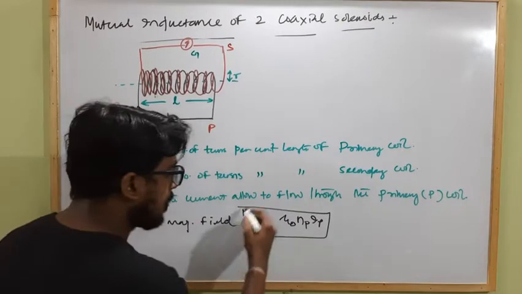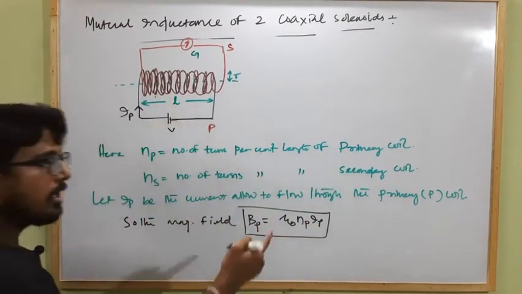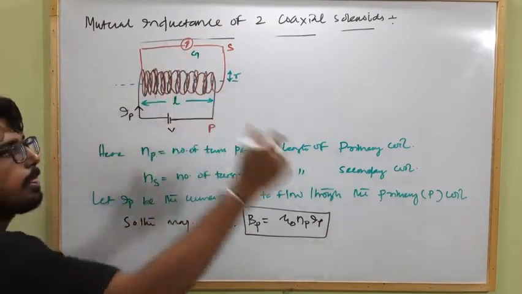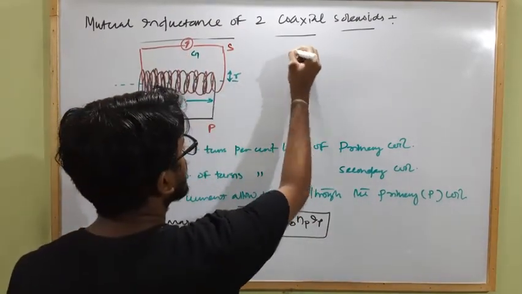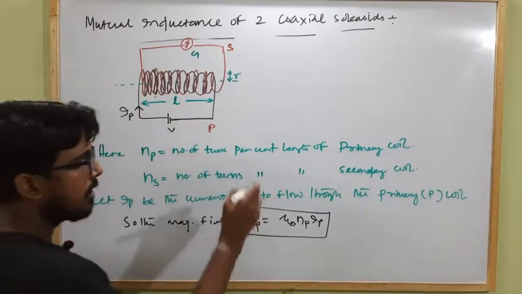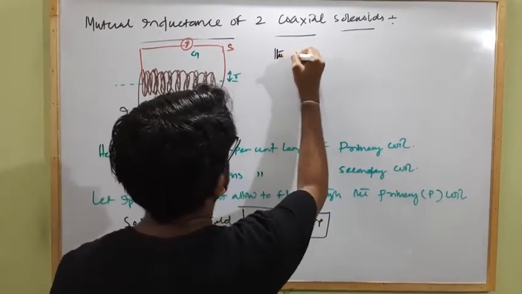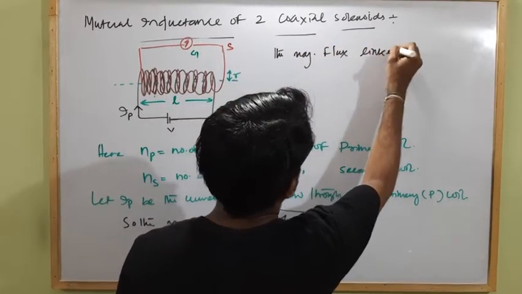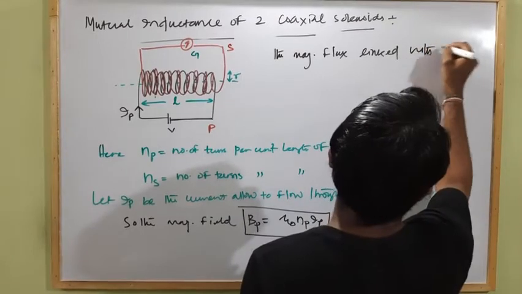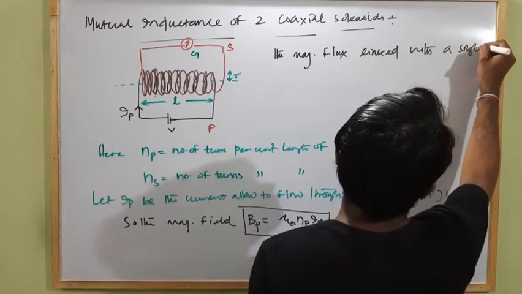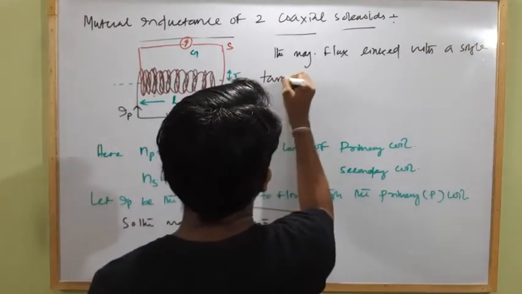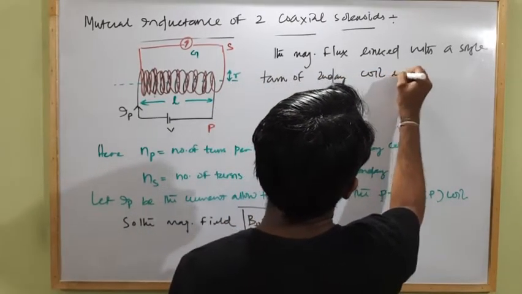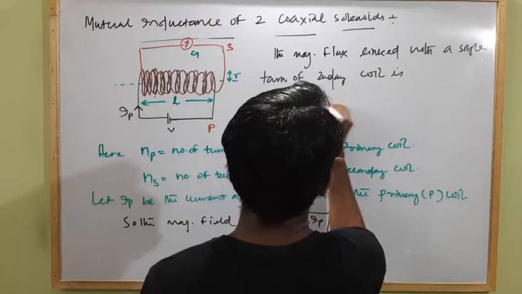So this much will be the magnetic field produced by the primary coil, and due to this magnetic field, what is the magnetic flux linked to the secondary coil? The magnetic flux linked with a single turn of the secondary coil, let it be phi s, will be how much?